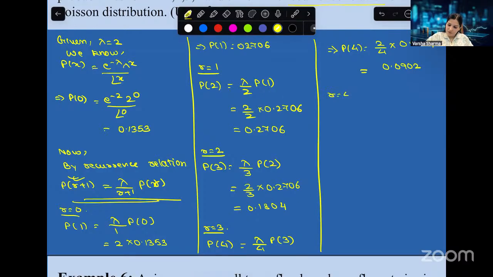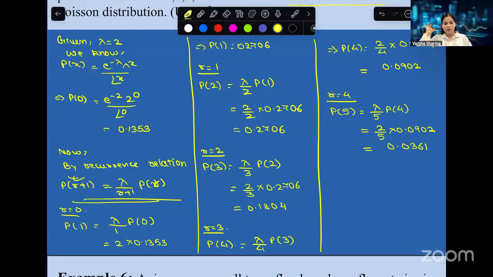Putting r equal to 4, P of 5 equals lambda by 5 into P of 4. Lambda is 2, P of 4 is 0.0902, so 0.0361.